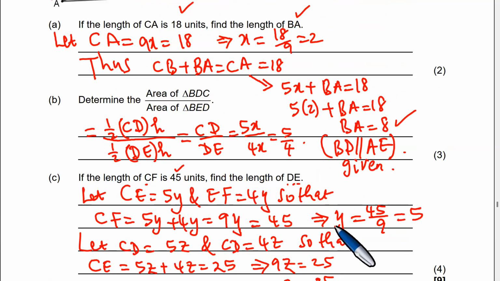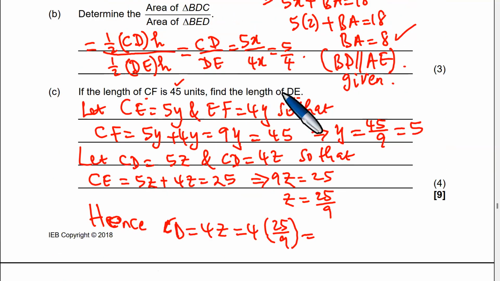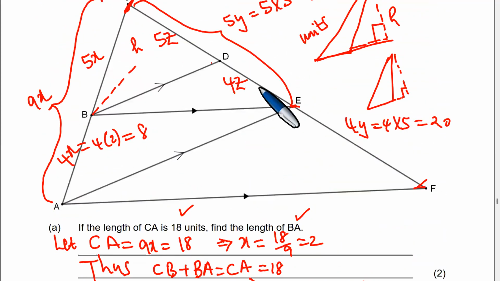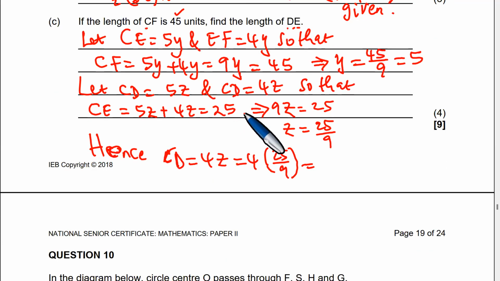What do they want? CD? No, DE, excuse me. Okay, they want the length of DE. So DE is 4Z. This one is exactly the length of DE.